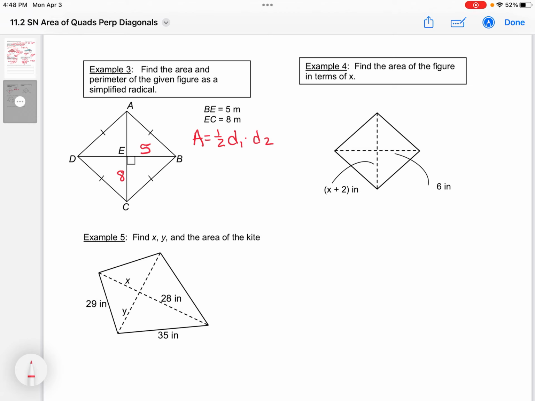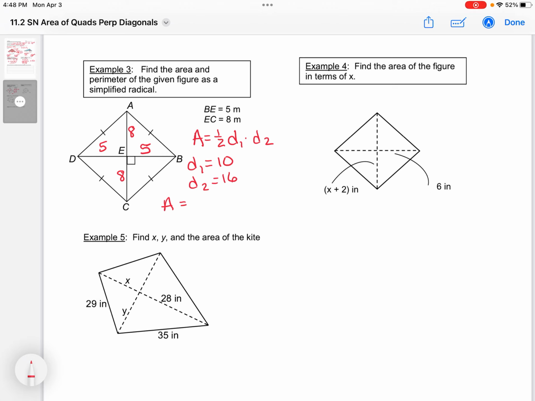The sides are all the same. Perpendicular bisectors mean they bisect, which means I know all 4 of those. So diagonal 1 is 10, and diagonal 2 is 16.